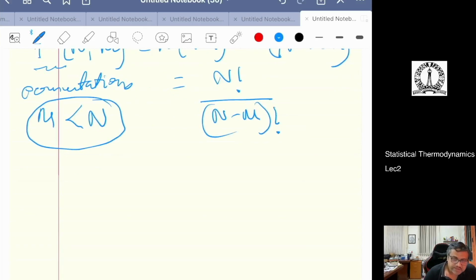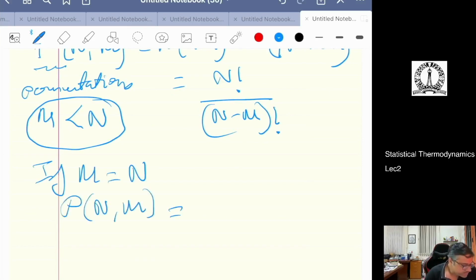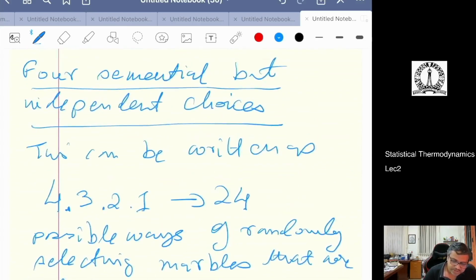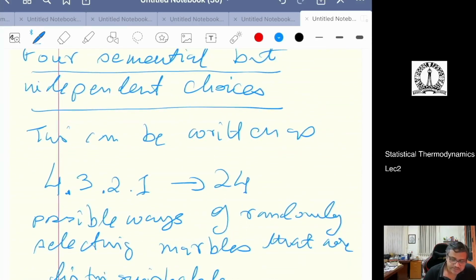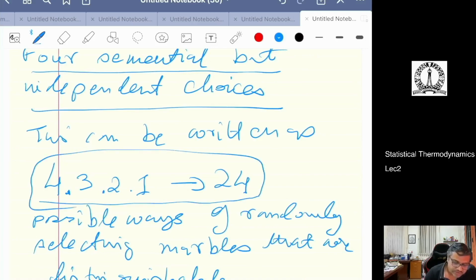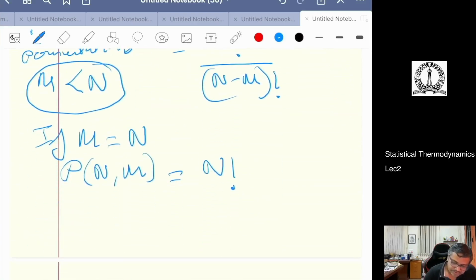Now if m is equal to n, then P(n, m) becomes nothing but n factorial, which is exactly what we saw here. So this is basically 4 factorial because there are 4, right?